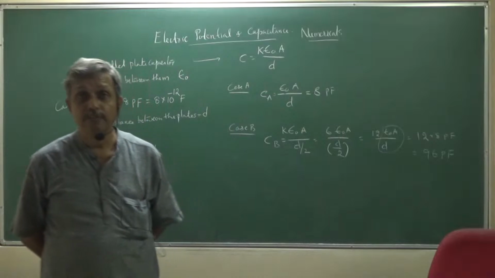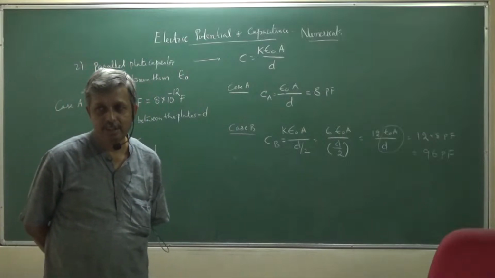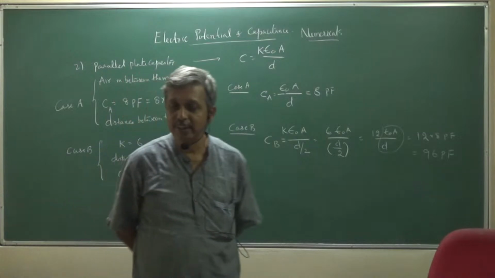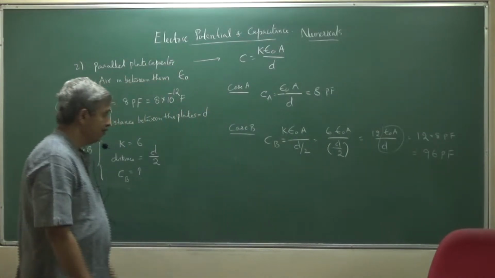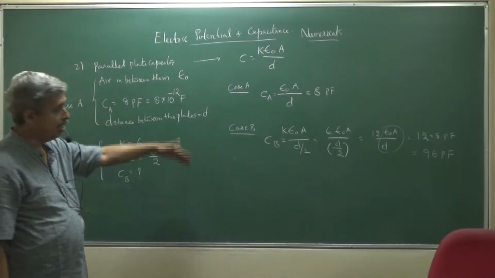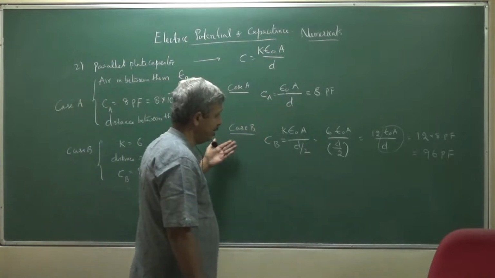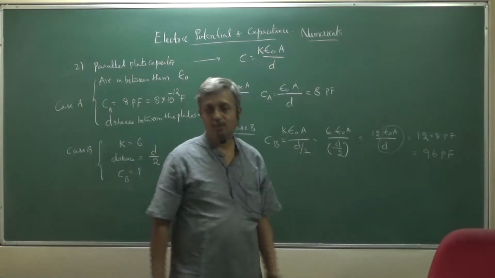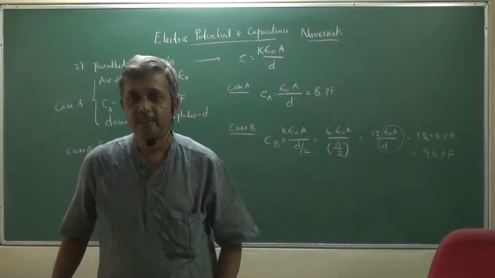See, it's a very simple problem. We didn't have to do too many calculations. The only thing we did was take two situations: in one situation this is the value, and in the second situation we have to calculate the value, and we used the first situation to calculate it.